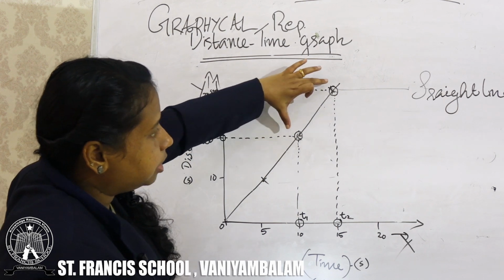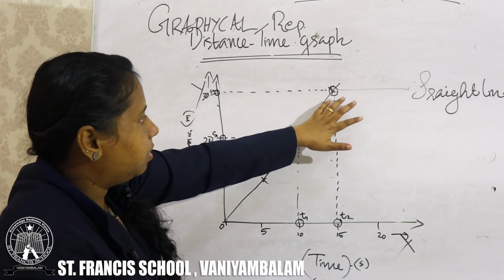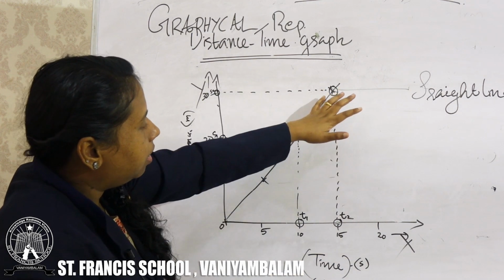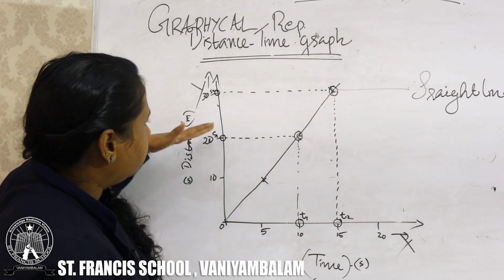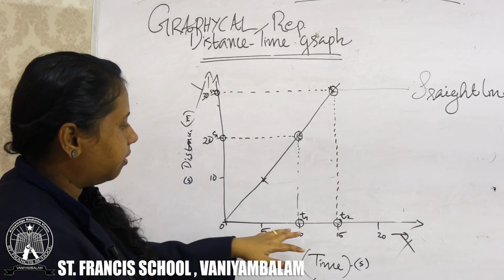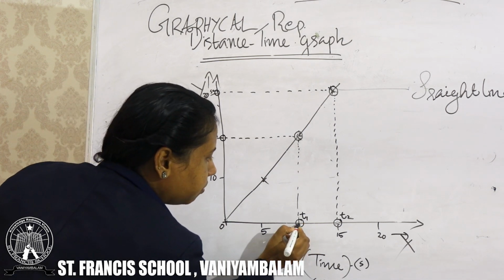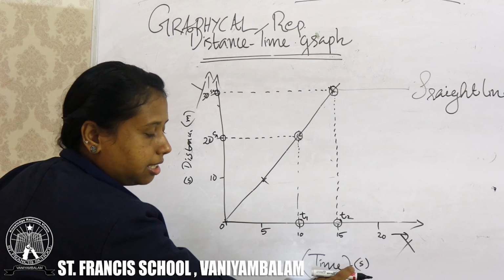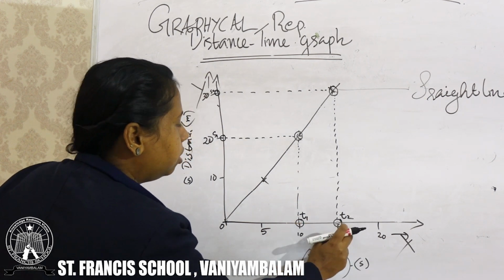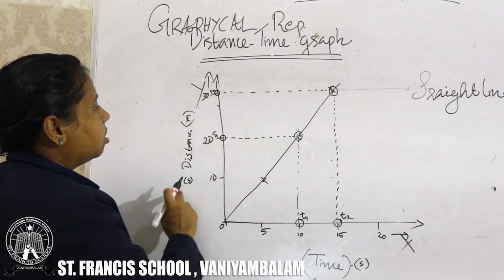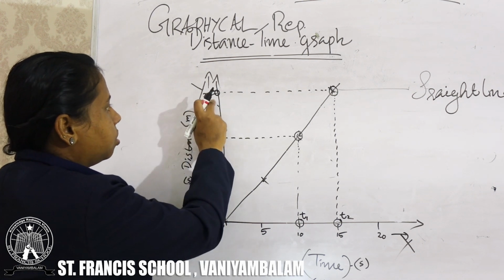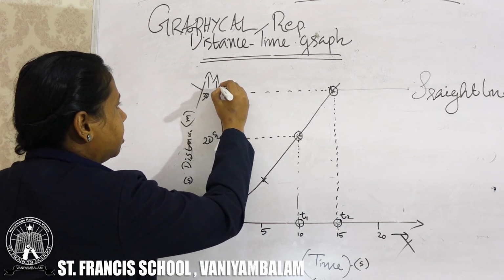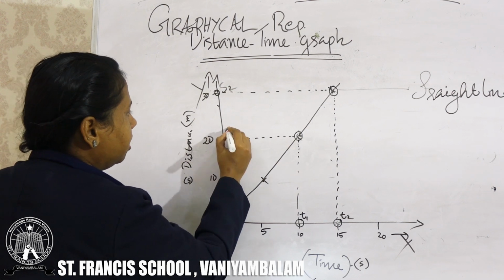First of all we selected 2 points, and we drew perpendicular lines to the x-axis and to the y-axis. After that the joining points we mark T1 and T2, because it is time on the x-axis, and here it is distance, so I am marking S1 and S2.